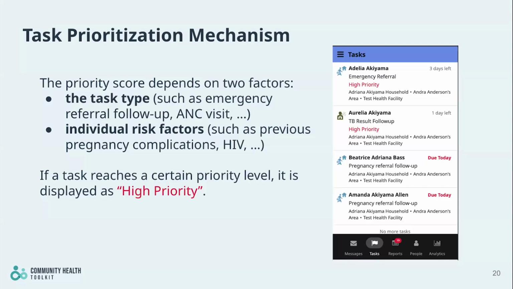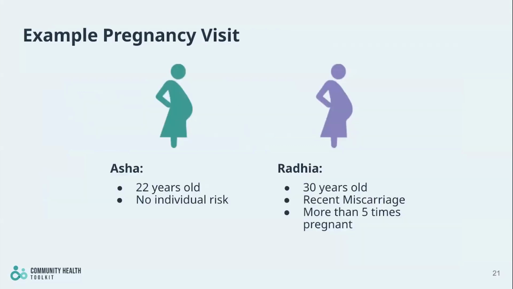So if we're coming back to our example on the next slide, and we click forward, then we can see for Asha, the task priority score would be 8 because this is the task score we have assigned to pregnancy ANC visits. For Radia, however, if you continue, the recent miscarriage would add +2 because the miscarriage would add 2 risk factors, and that it has only been recent would give additional risk factors.